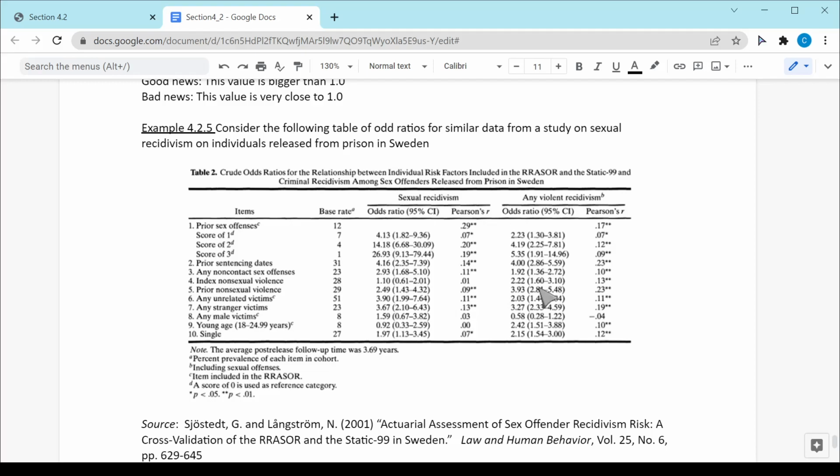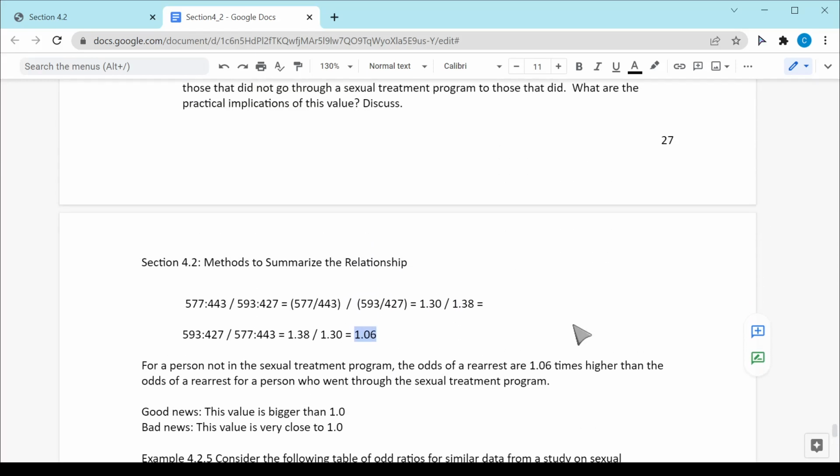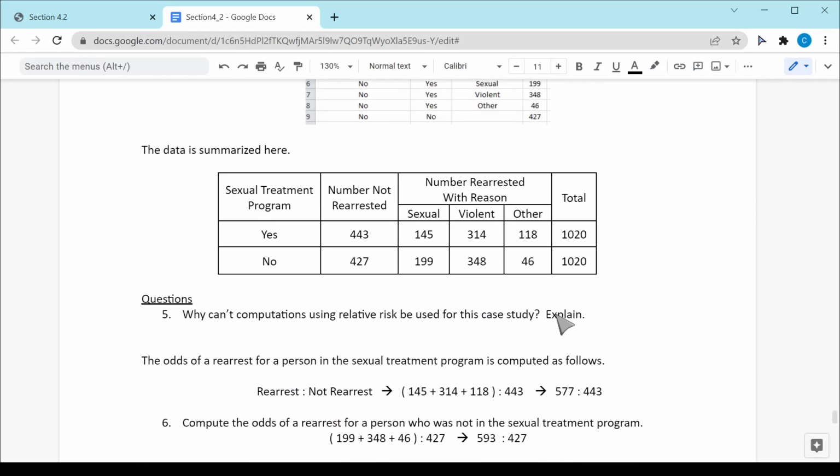We could have done a more fair comparison up here, I guess, now that I think about it. What I did is I took all of these and added them up. What might be a more fair comparison is just doing the sexual crimes, where the reason for the rearrest was a sex crime. If you're trying to evaluate the appropriateness of a sexual treatment program, maybe I should just be comparing that 145 to that 199 number.